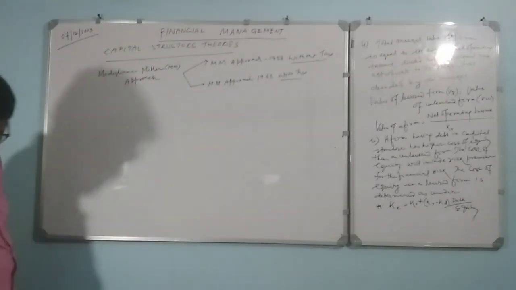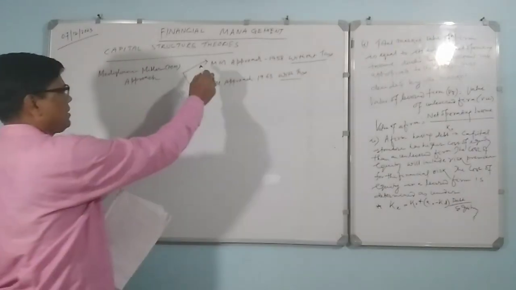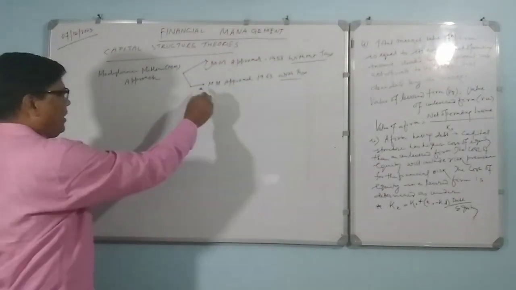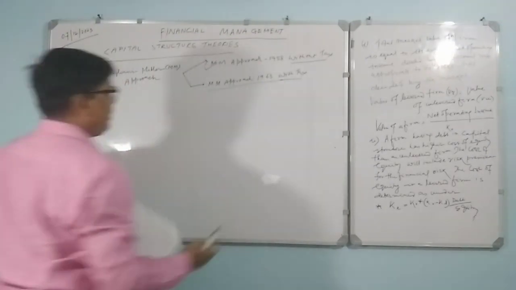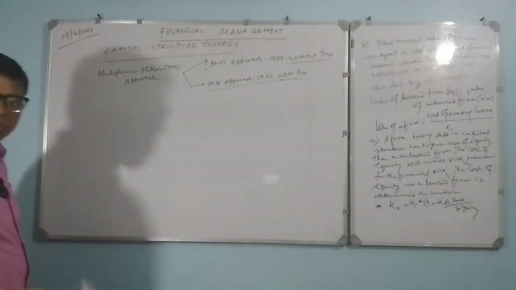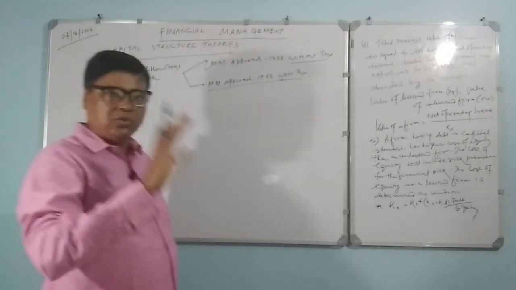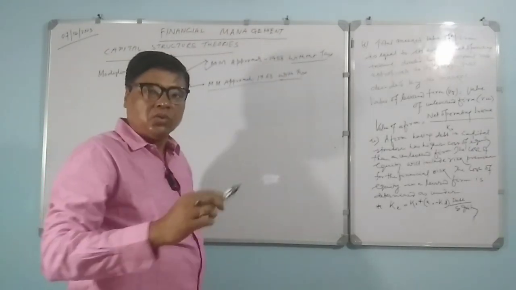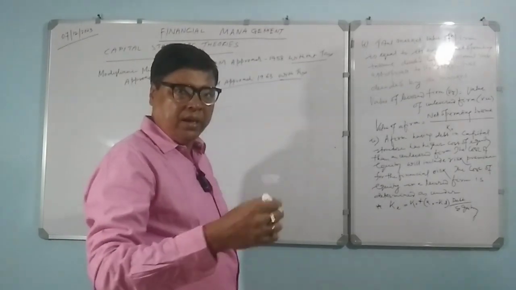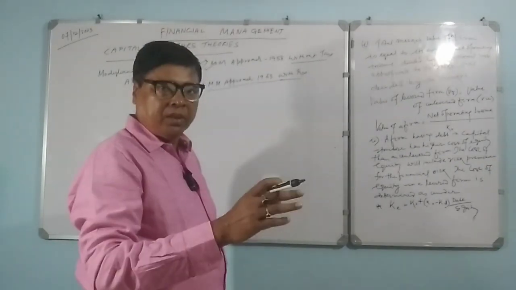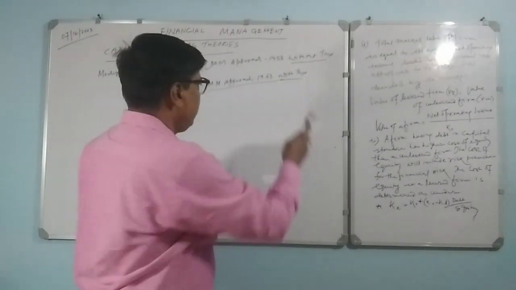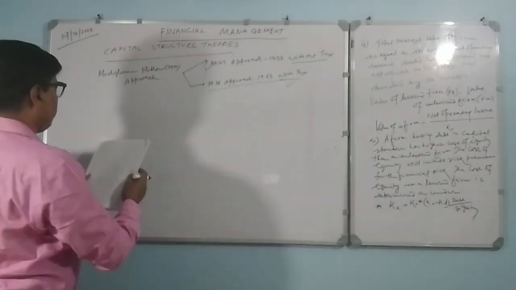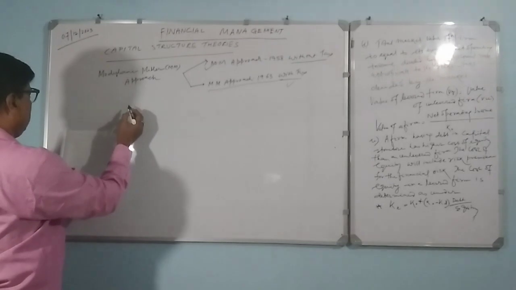You see that this part we have already discussed, MM approach 1958 without tax. Now we will be discussing the MM approach 1963 with tax. There were some shortcomings in your 1958 without tax. So subsequently what they developed is that tax has been added to this format or this theory.